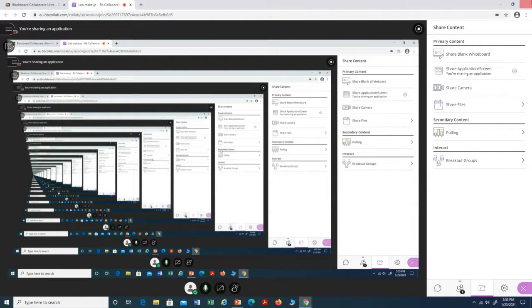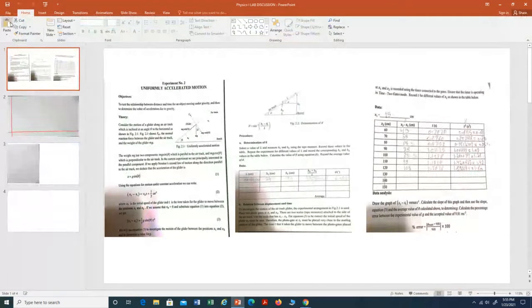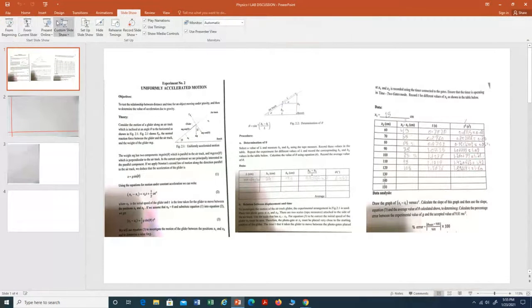Okay, so I'm going to open the slides. So here I'm going to explain the graph for your second experiment of physics 1. The second experiment title is uniformly accelerated motion.